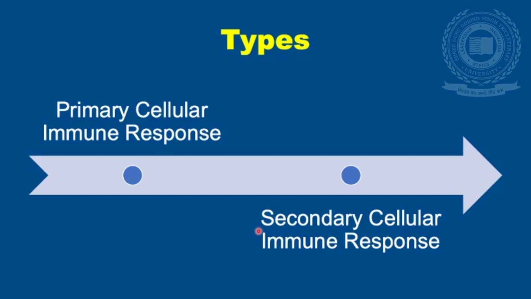Secondary cellular response is produced when the host is subsequently exposed to the same antigen. The secondary cell-mediated immune response is usually more pronounced and occurs more rapidly. Further, because of the availability of specific memory cells, an increased number of effector cells are produced in the secondary response.